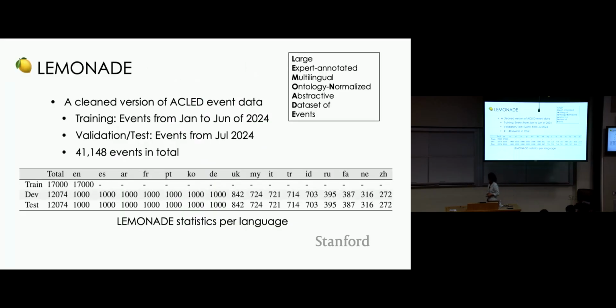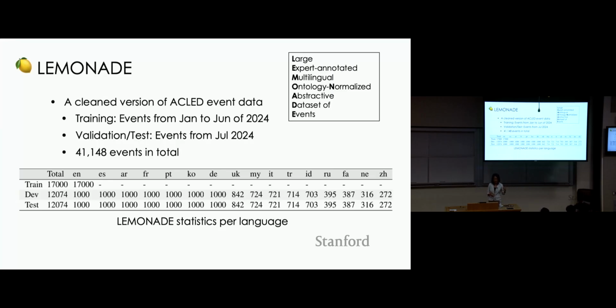So let's talk about the data set. This is actually the data set from ACLED. We just had to clean it up, and then we got permission from ACLED. It's a public resource, and they were very nice about it and shared with us a bunch of data, and then we created a training data set: 17,000 instances of high quality annotated data.